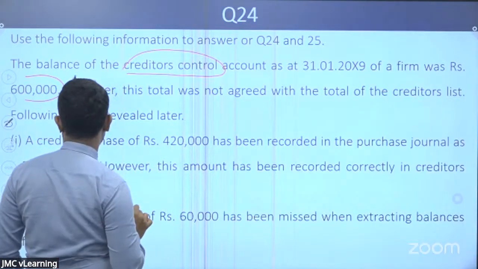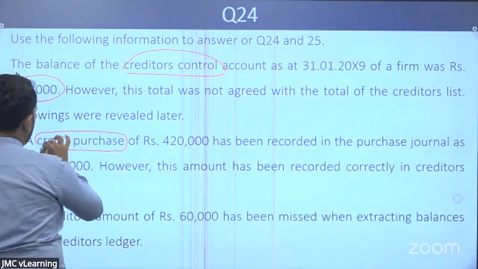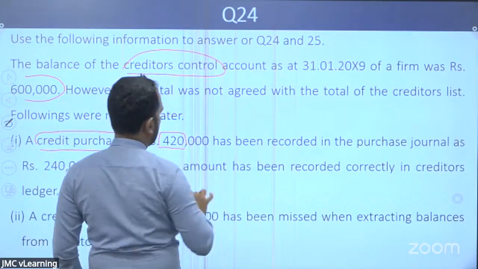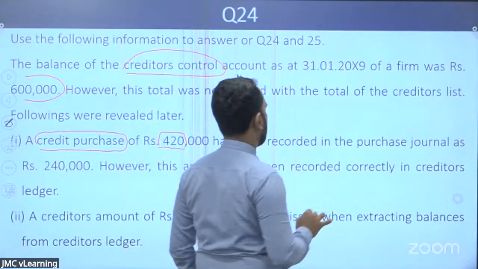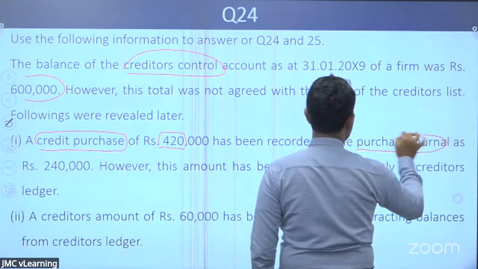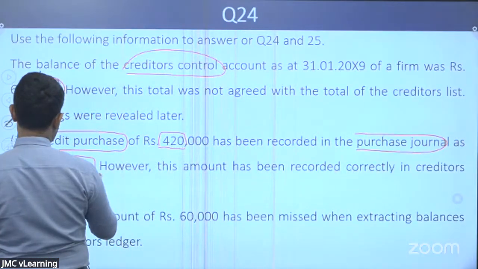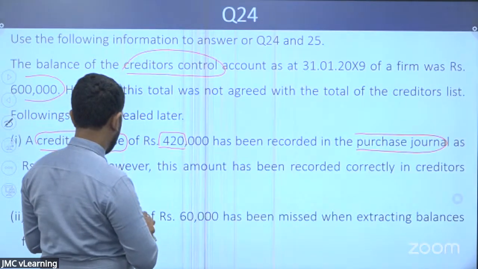Following were revealed later. A credit purchase of rupees 420 has been recorded in the purchase journal as 240. How much is the difference? 420, 240, 180.